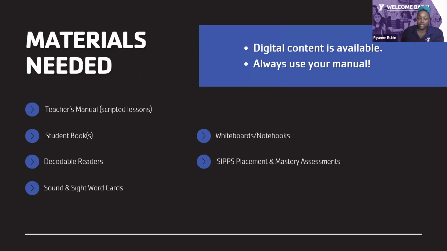So your materials needed. First off, there's digital content available, which I mentioned earlier on the learning portal. And then you're always going to have your manual in tow. So that's your teacher's manual. You can access that digitally, or you can have the physical big giant binder. There's also the option to break that binder down into smaller portions and make copies of it. We do have the good faith printing rule when it comes to educational materials.